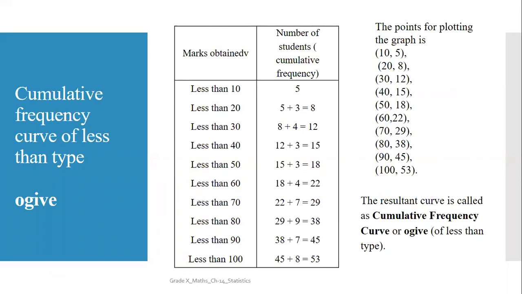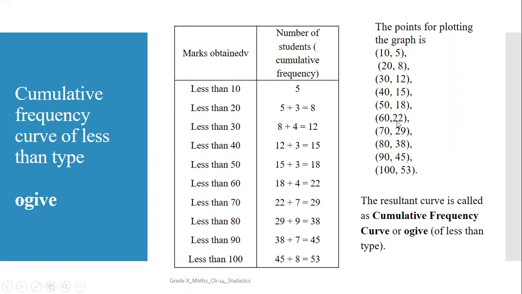So that means x-axis is 10, 5; 20, 8; 30, 12; 40, 15; 50, 18; 60, 22; 70, 29; 80, 38; 90, 45; and 100, 53.